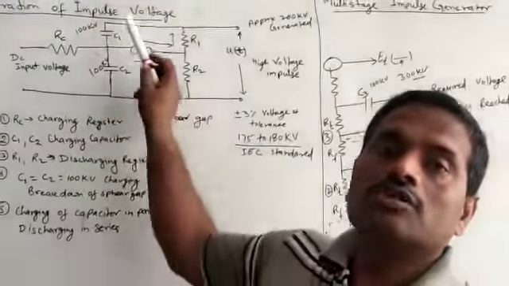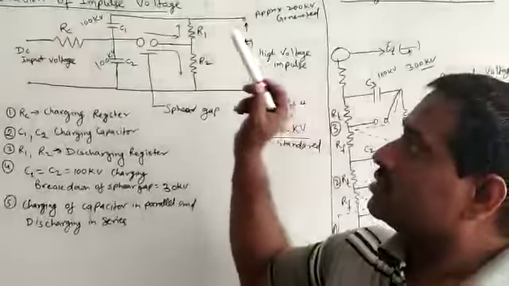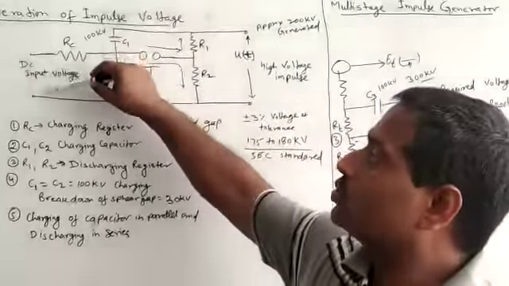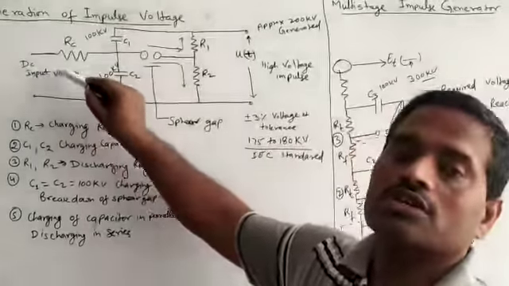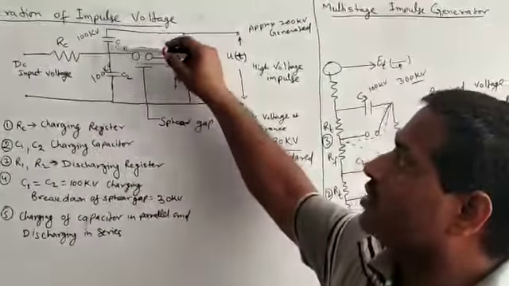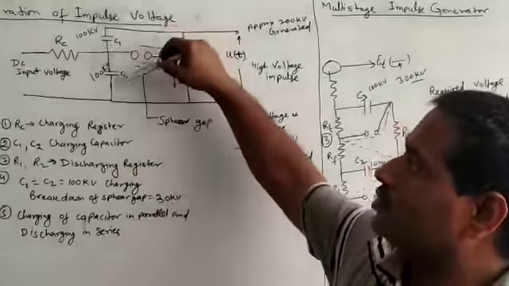Now the working principle of this circuit is like this. When the supply is given at the input side, say 100 kilovolt, the capacitors C1 and C2 will be charged to 100 kilovolt.